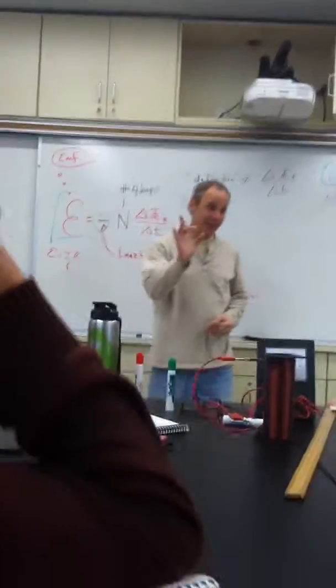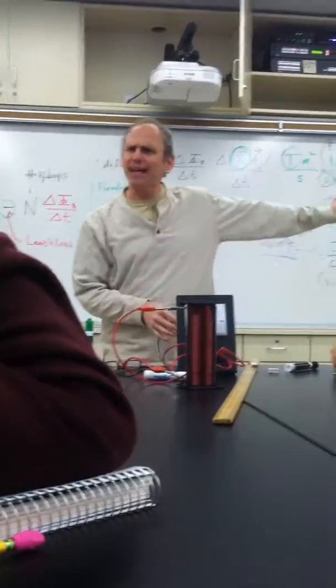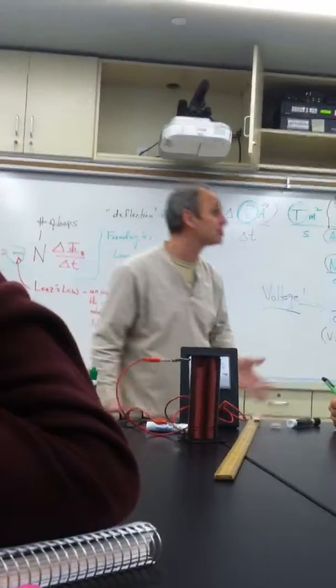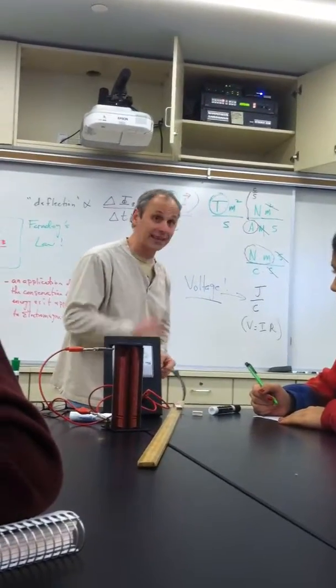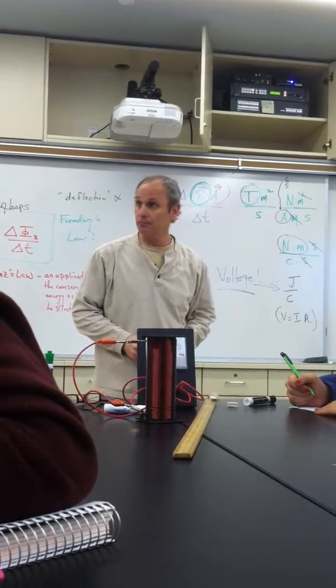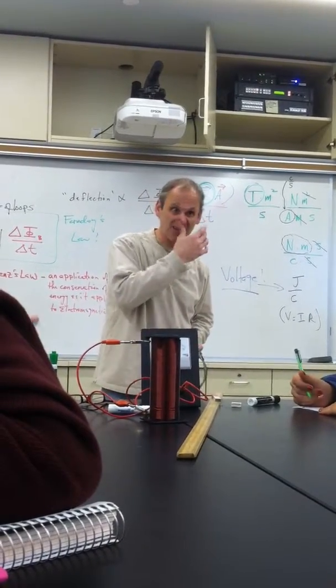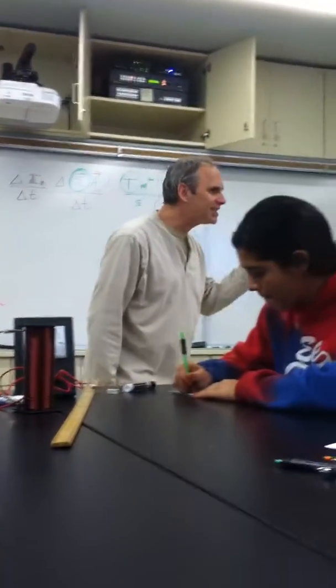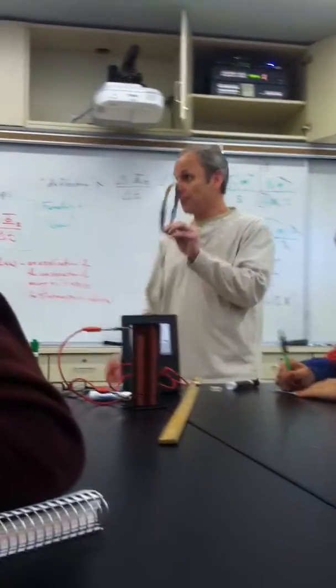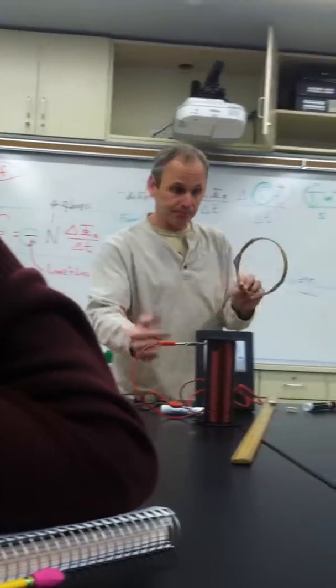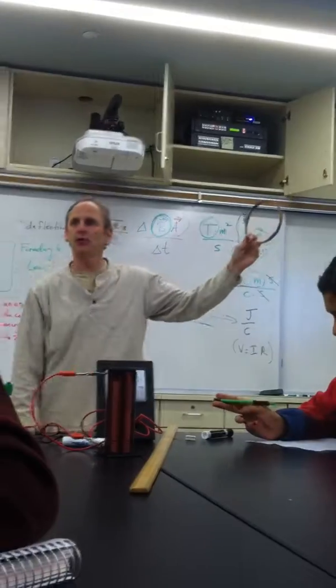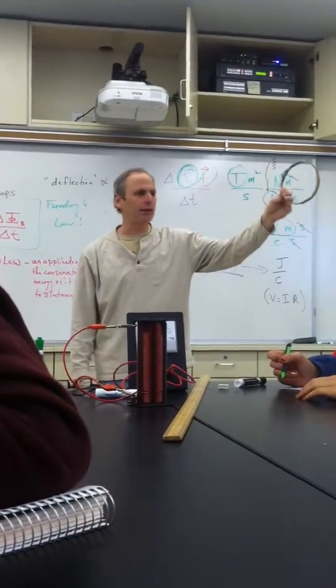Now watch. Easier said than done. And I'm going to write that down, by the way. What I just recited to you was Lenz's law. I'm going to write that down in just a minute. But what actually has to happen is this. Look, this is what really happens. This guy minds his own business. He's not doing anything wrong. He's just sitting there.